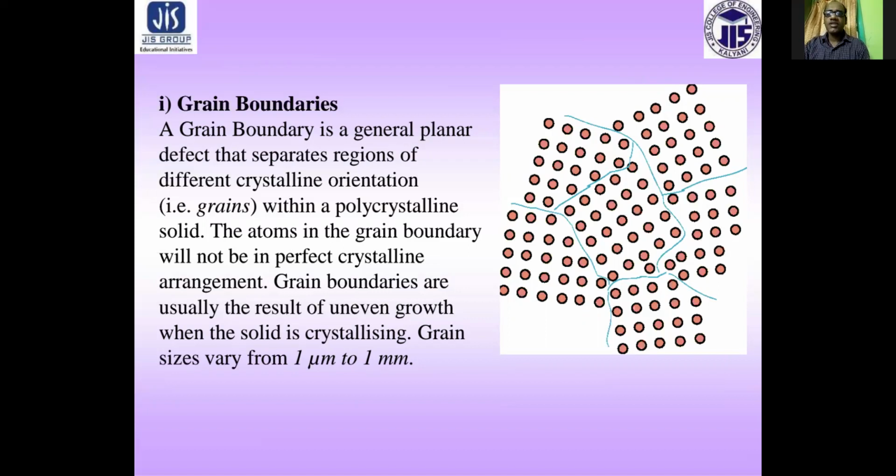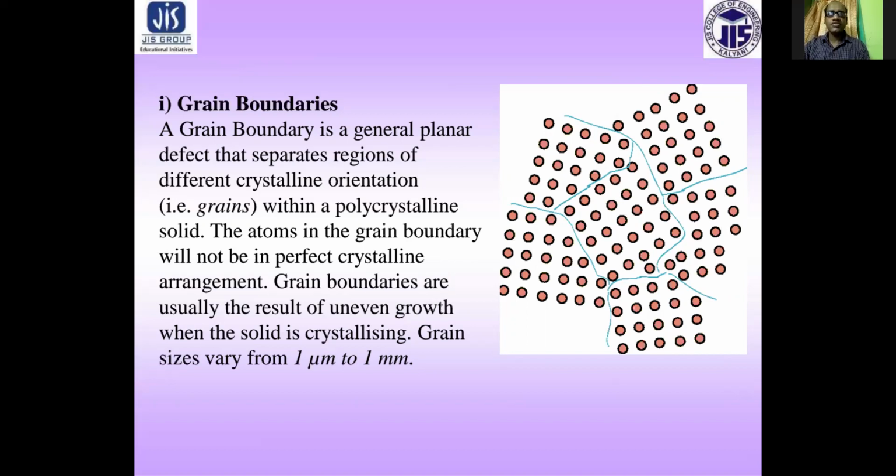Grain boundaries are usually the result of uneven growth when the solid is crystalline. Grain size varies from 1 micrometer to 1 millimeter. These defects separate grains of different orientation from each other and are generally seen in polycrystalline material.